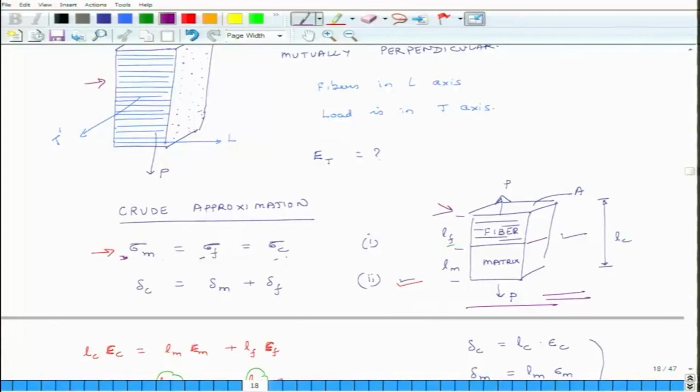So, that is the one thing. Second thing is, when we apply load on the fiber or on the system, fiber expands and the matrix expands in the transverse direction, right. And when they are expanding in the transverse direction, there will also be Poisson's contraction in the other direction.